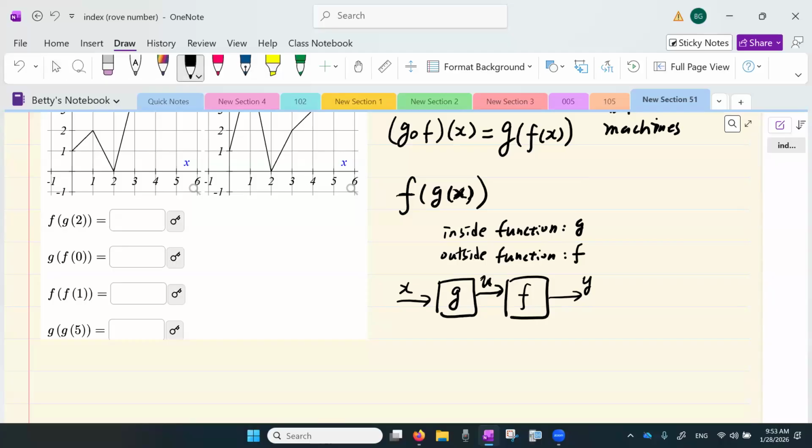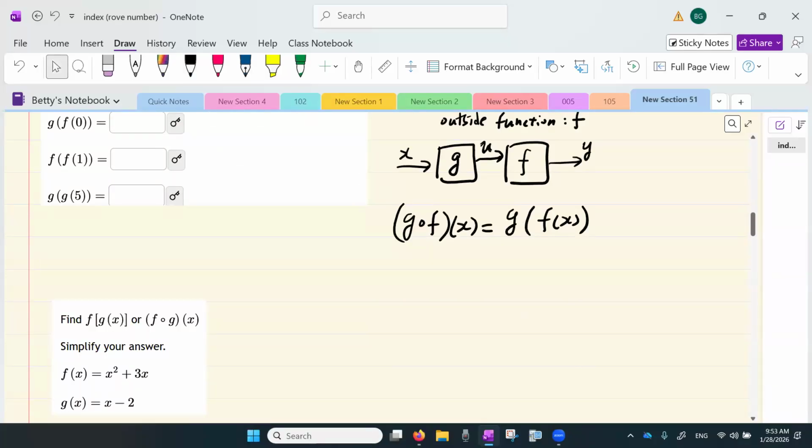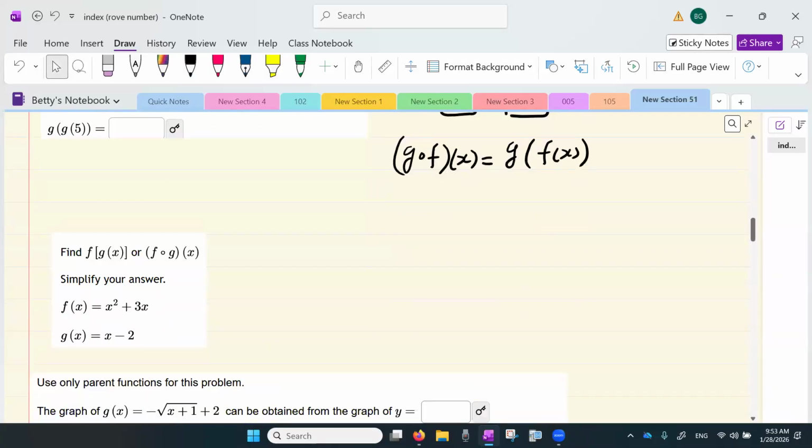What if the composite function is g circle f of x? Then first, rewrite it as g of f of x, right? And this time you know the inside function is f because f is closer to the input. Inside function is f. Outside function is g this time. Then this assembly line, two machines. The first machine is going to be f.